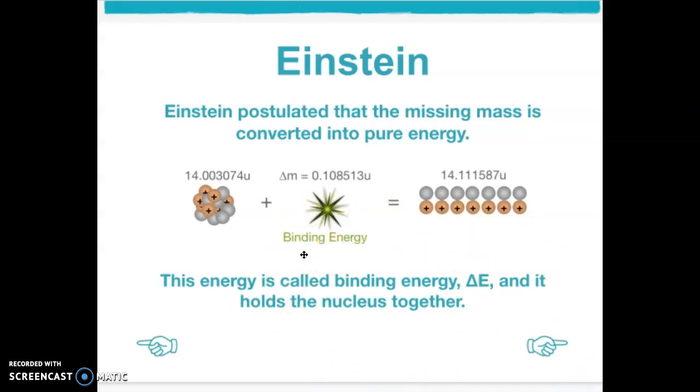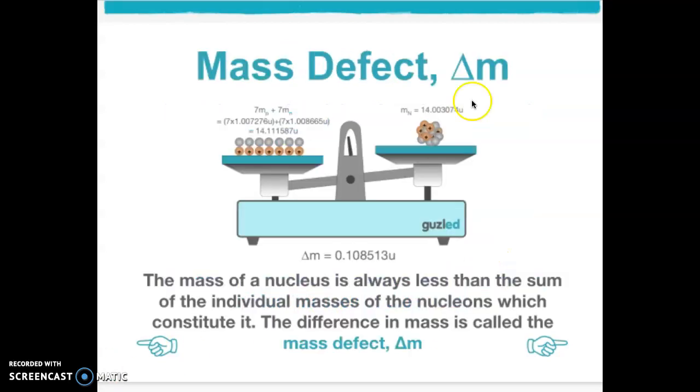And that's why this energy is called the binding energy, delta E. It holds the nucleus together. The mass difference then between the individual masses of the nucleons and the mass of the final nucleus is called the mass defect, delta M.